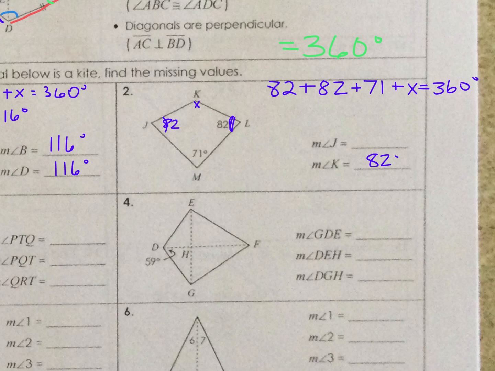When I work all that out, x is going to equal 125. So that's what K is.